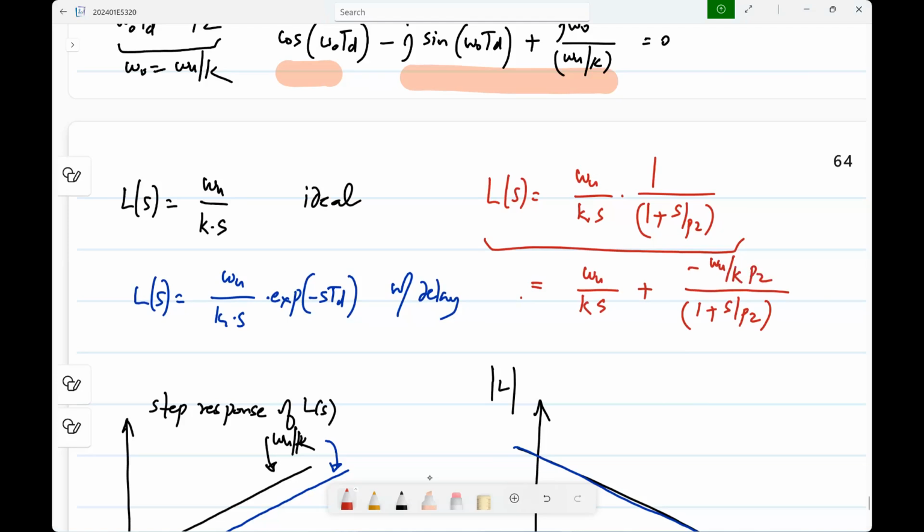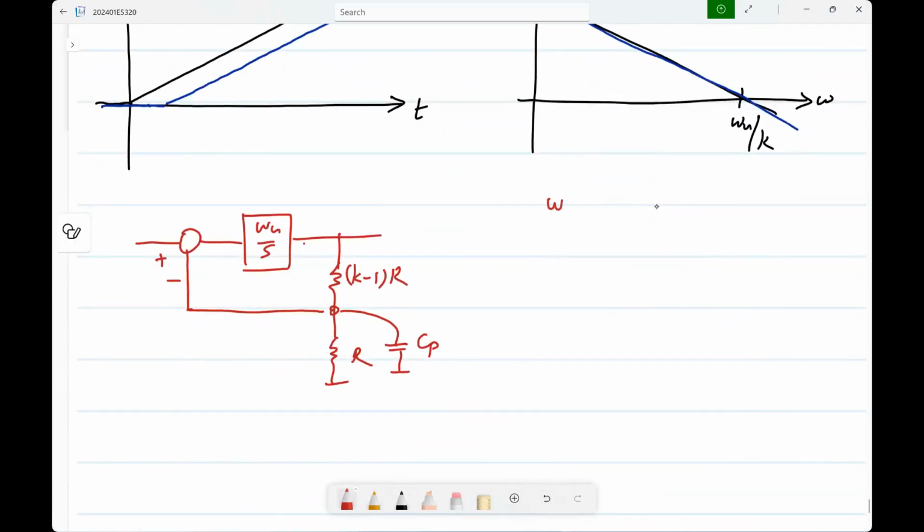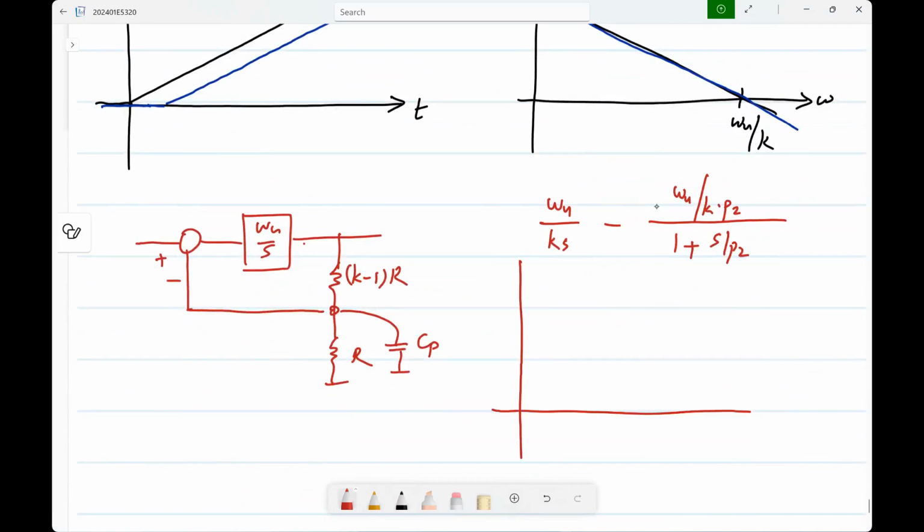Okay. So that's what it will be. So omega u by Ks minus omega u by K times P2. Okay. What is the step response of the first part?